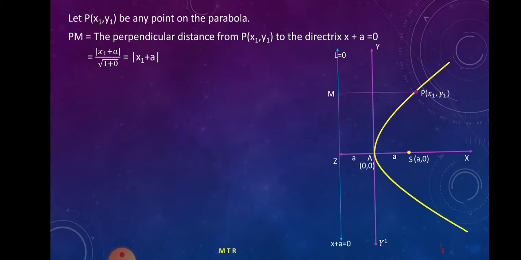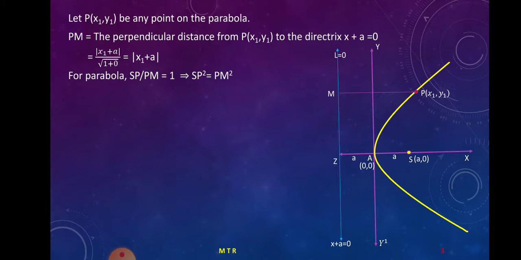Here there is no y term, so the coefficient of y, that is b, is equal to 0. So modulus of (x1 + a) by root of (1 + 0), that is equal to modulus of (x1 + a). That is PM. Now for a parabola, SP/PM is equal to 1. That means SP is equal to PM.